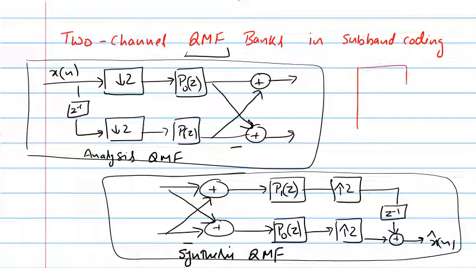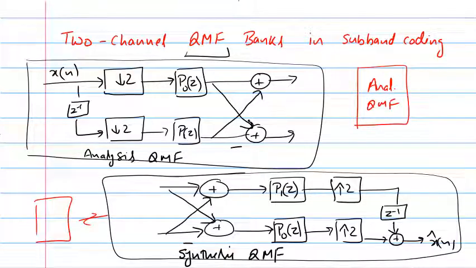I will just write it like this: analysis QMF block, and this one is just a box. With the box I will be representing synthesis QMF. So we'll be using these boxes in the subband coding. Let's see it on the next slide.